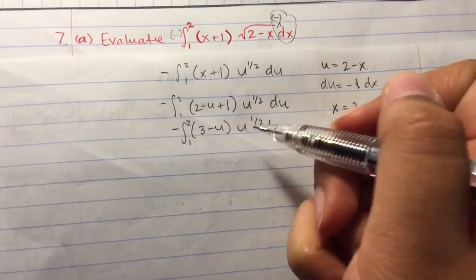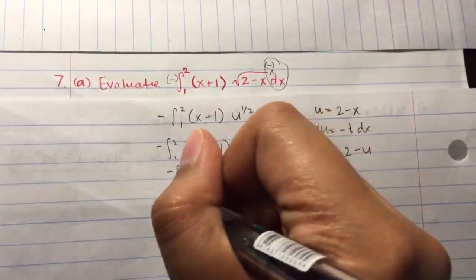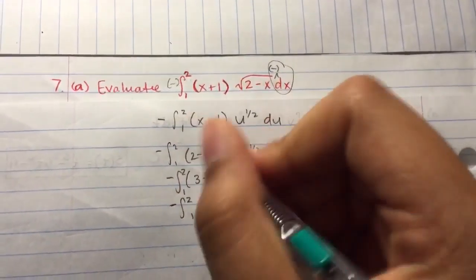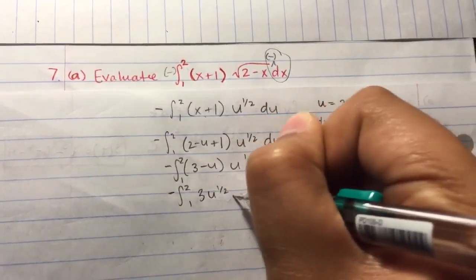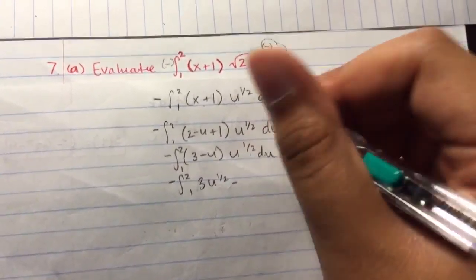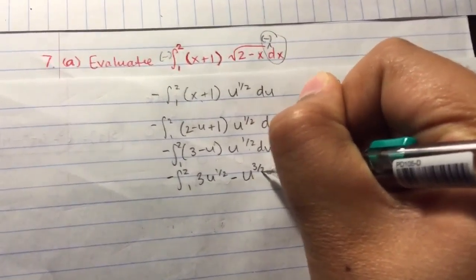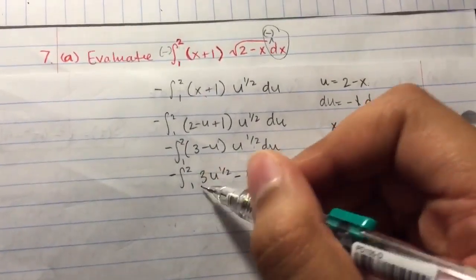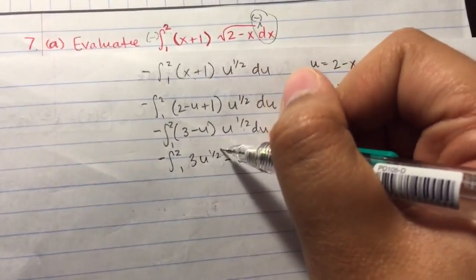And then we can distribute this u in so that we get negative integral of 3u to the 1/2 subtracted by, and then this is u to the 1 plus the 1/2, so we have u to the 3/2, du. And then from here we'll do the antiderivative, so we'll power up.